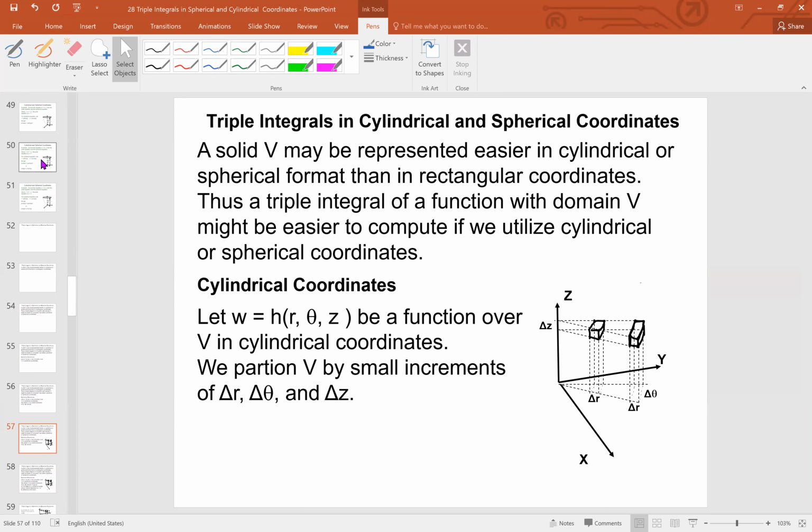For the cylindrical coordinates, what we do in a triple integral, again, is cut up the domain. The domain here is a solid, so it has three variables, r, theta, z. We talk about a very small, minute increment, dr, d theta, dz.